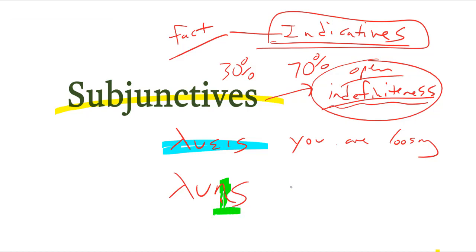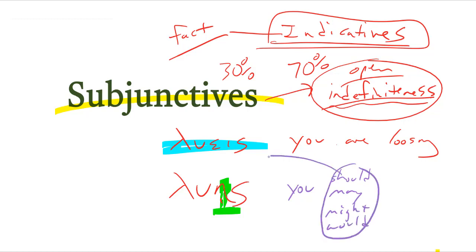And this is an oversimplification, but it's almost like there's a should, a may, a might, a would squashed down into that spelling change: you may be loosing, right? As opposed to you're loosing. And again, it's going to often follow whenever, or whoever, something like that.